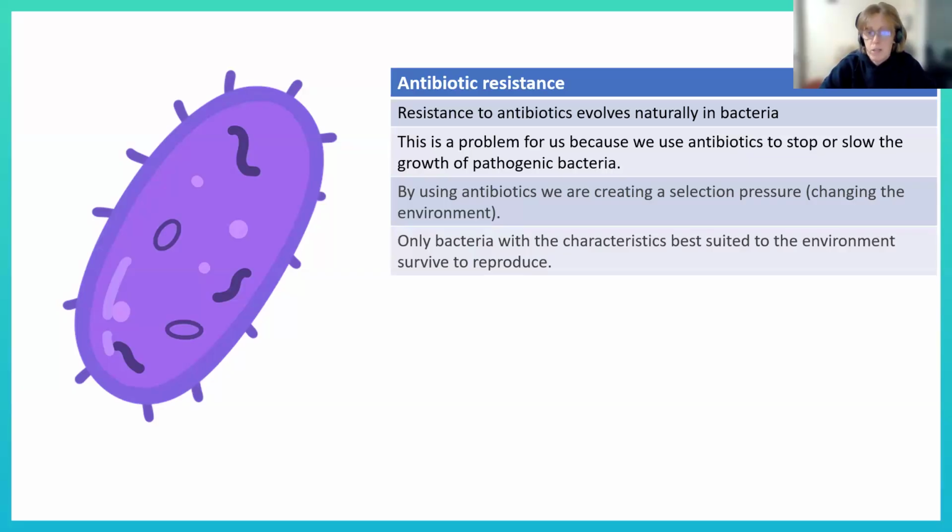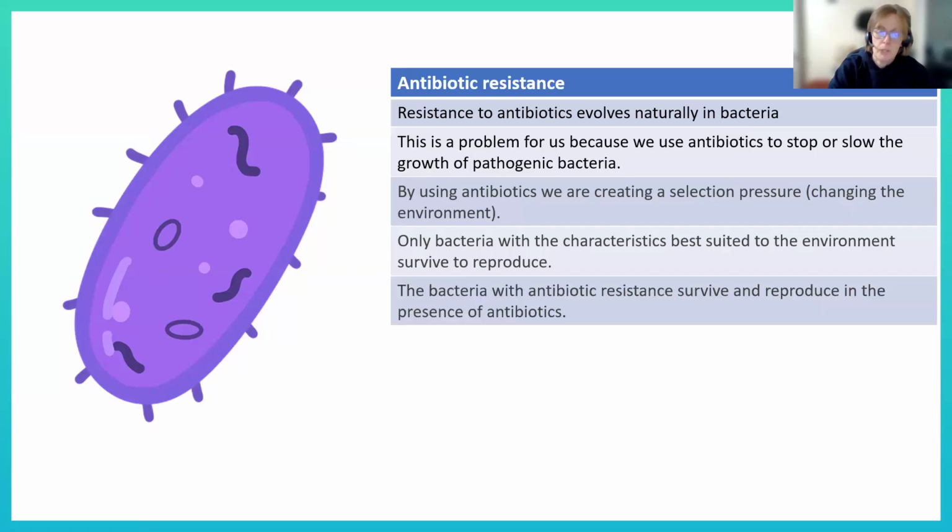And then if enough people do that and enough bacteria share these antibiotic resistance genes, which is extremely easy for them to do, only the bacteria with the characteristics are able to survive and reproduce. These are the ones with the antibiotic resistance. So it's a massive problem in hospitals. You might have heard of C. difficile, which is Clostridium difficile, or C. diff. That's a very common hospital-acquired infection.